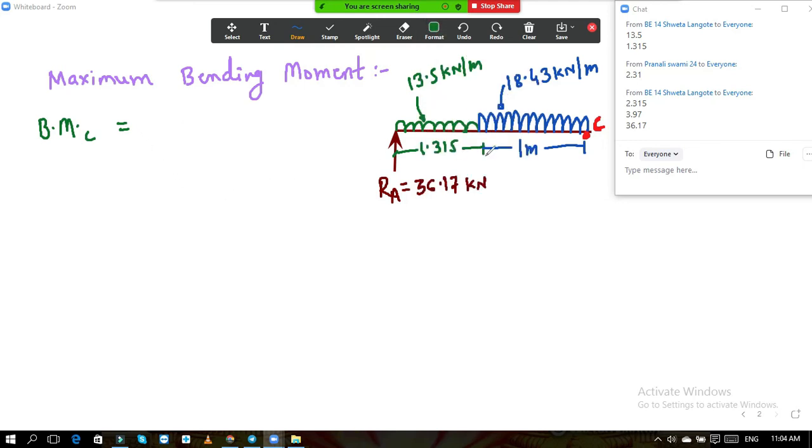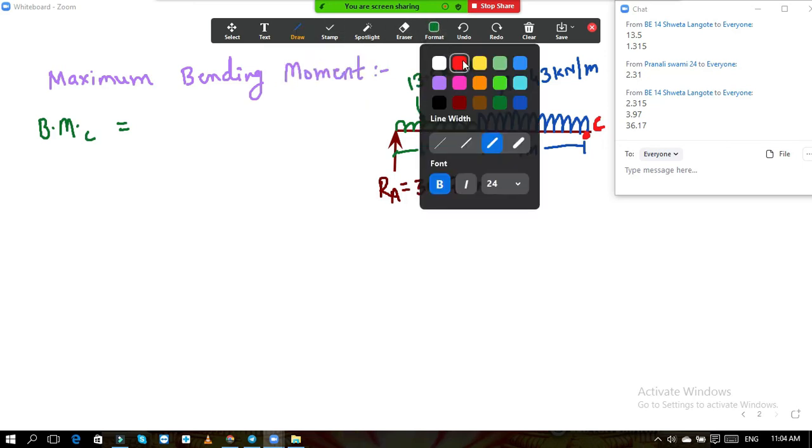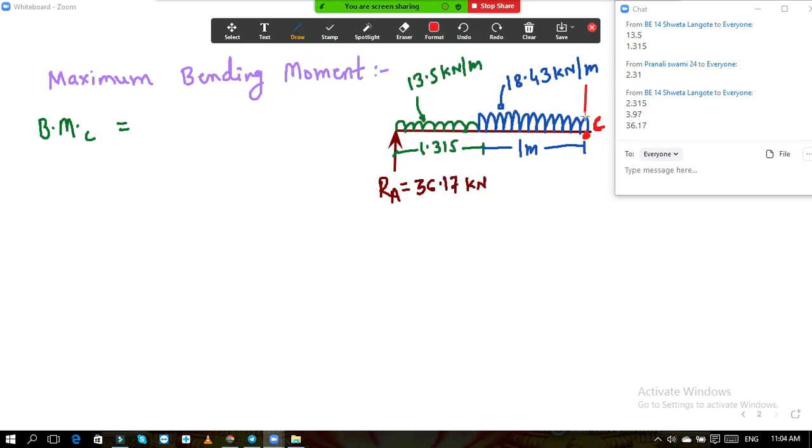So bending moment at point C, and our section line. I forgot to show the section line. This is our section line. Here we have taken the section. With reference to this section, we will take the distance of all the forces.